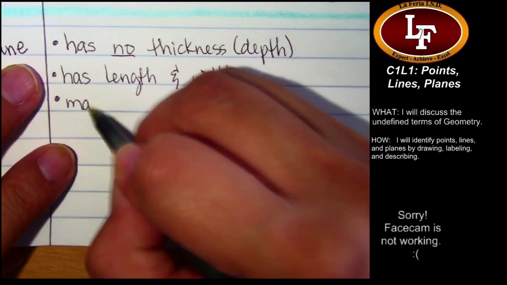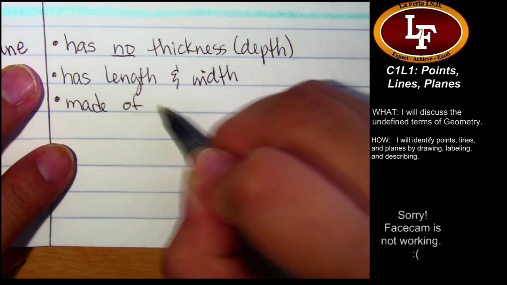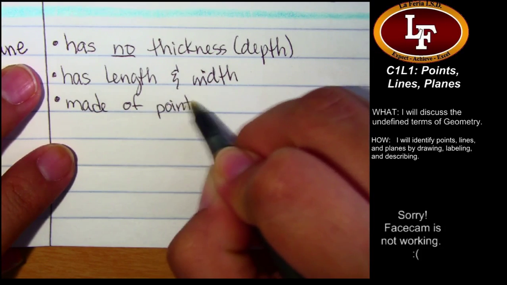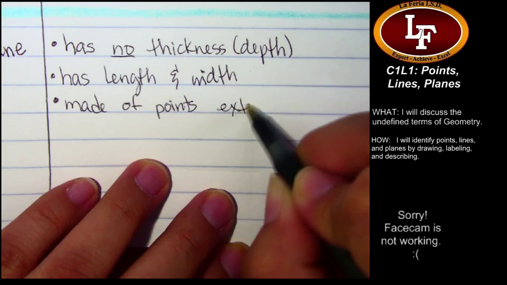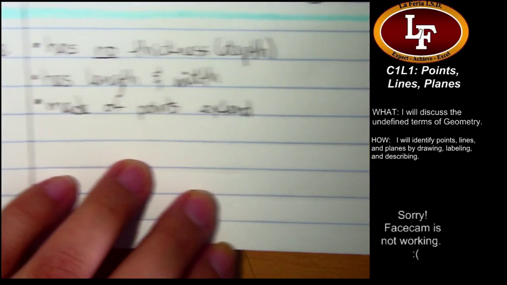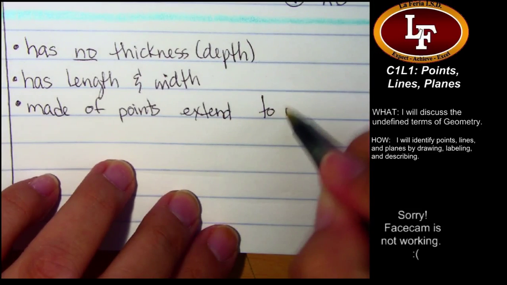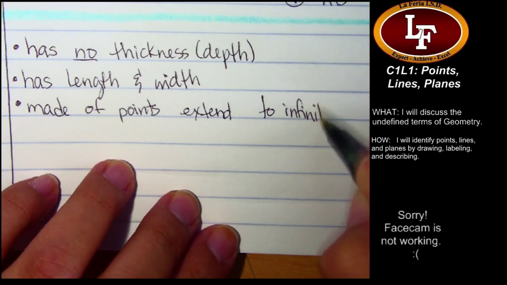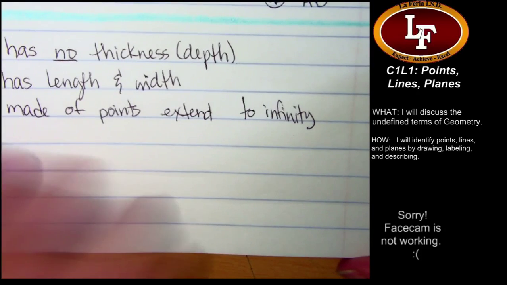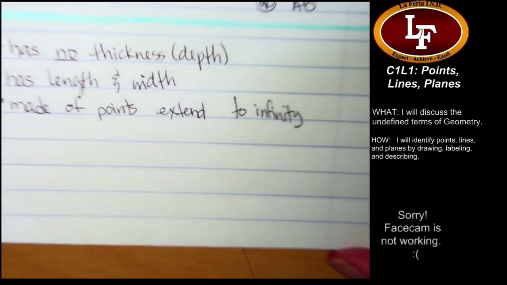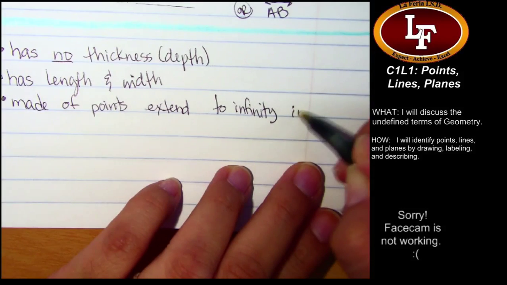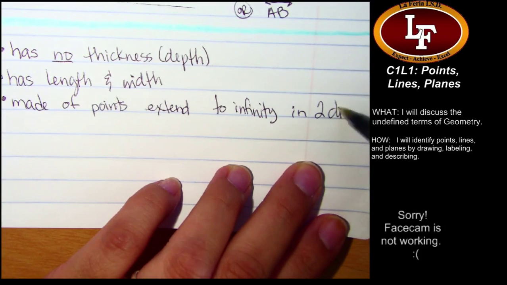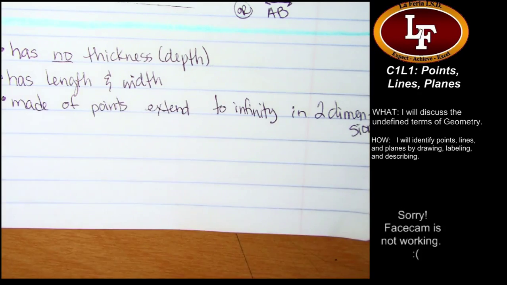A plane is made of points. So a bunch of little points, and these points are going to extend to infinity and beyond. But it's going to do this in 2 dimensions. 2-dimensional.